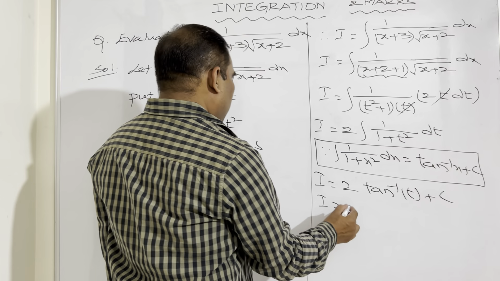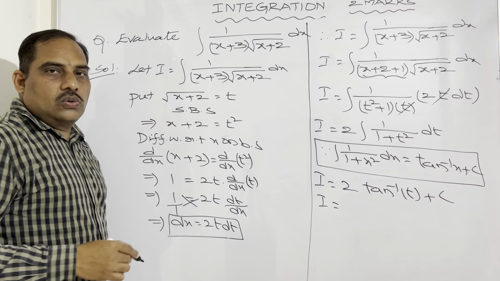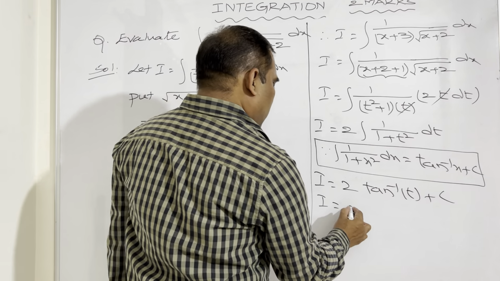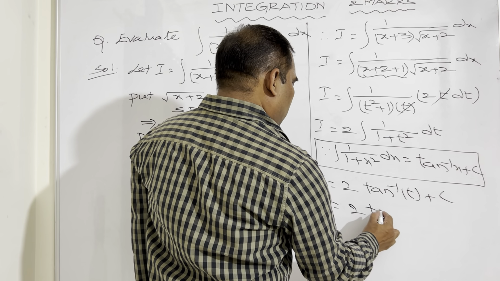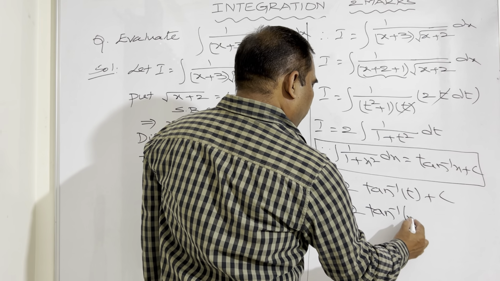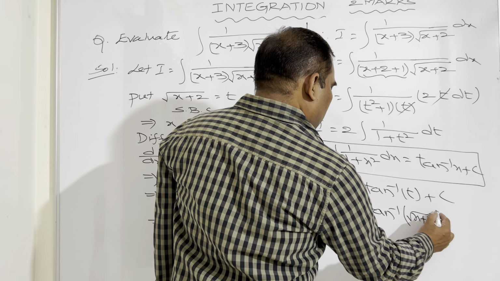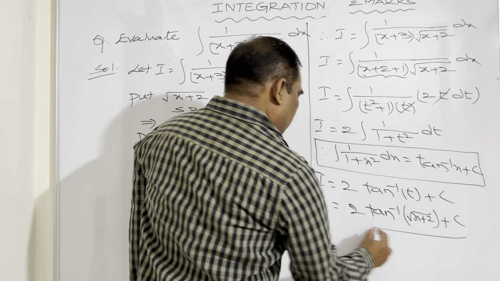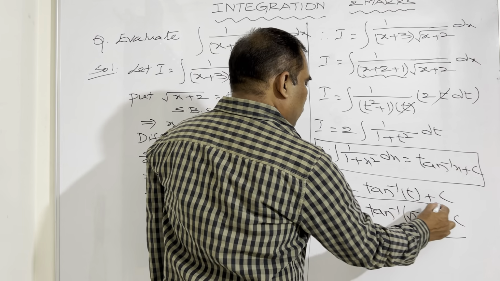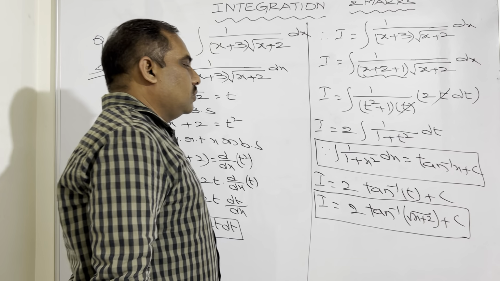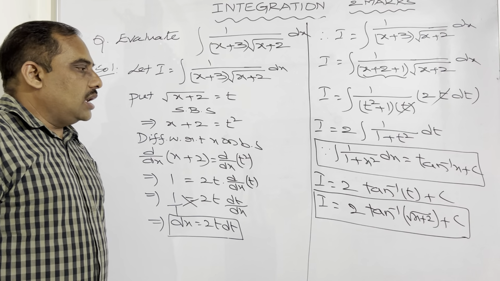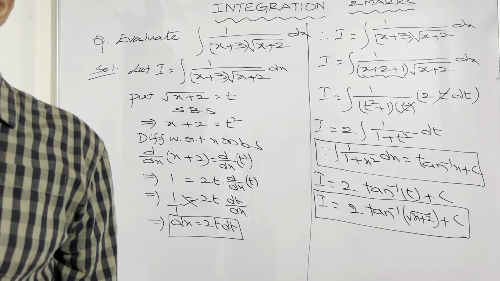Finally, what we have taken here is t is root x plus 2, so t is replaced by root x plus 2. So finally we get the integral of the given function, I is equal to 2 into tan inverse of root x plus 2 plus c. Like this we can find the given integral.